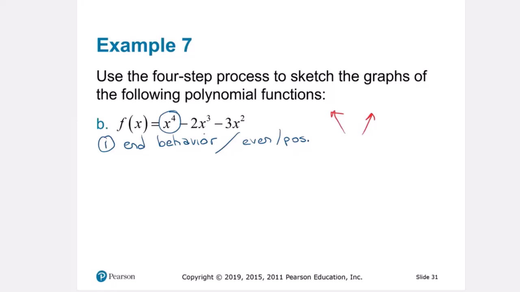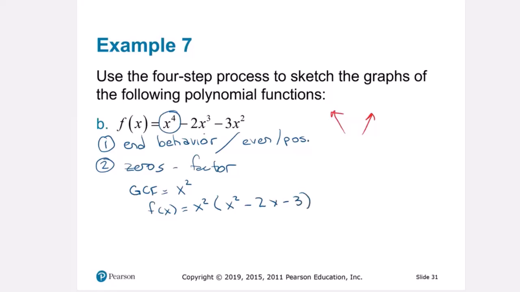Step 2, I have to find my zeros. Now, this part is a little harder when it's not factored. The first thing I want to do is factor out the greatest common factor. My greatest common factor is x squared. So I factor an x squared out, and I get f of x equals x squared times x squared minus 2x minus 3. If I factor, the first term is x squared, so it's x times x.